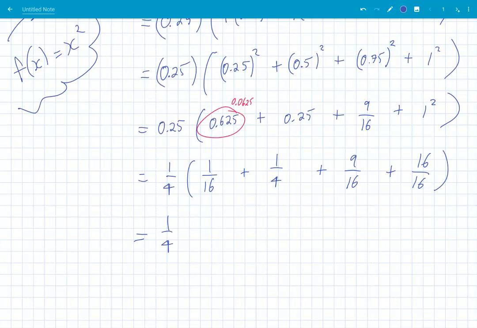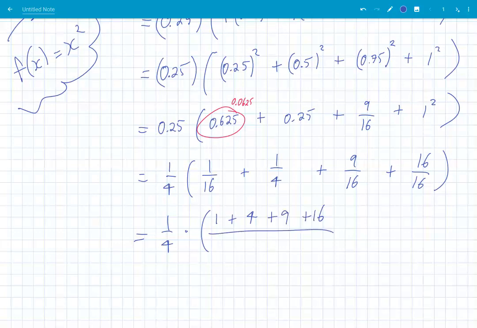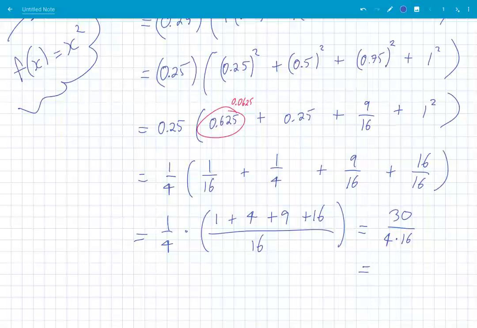What do you get? 1/4 times 1 plus 4 plus 9 plus 16 all over 16 is what? 5, 14, 30. 30 over 4 times 16. How does that look? 15/32. There we go. That is what I want.